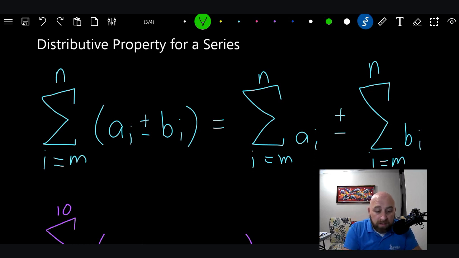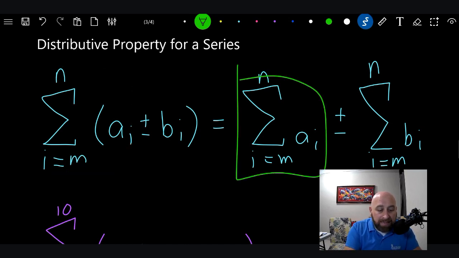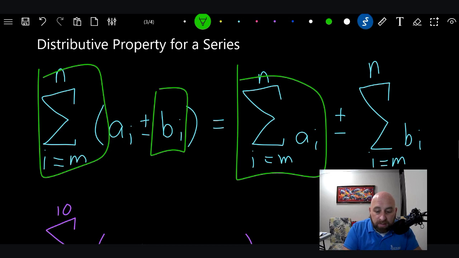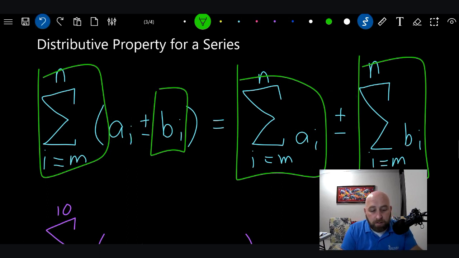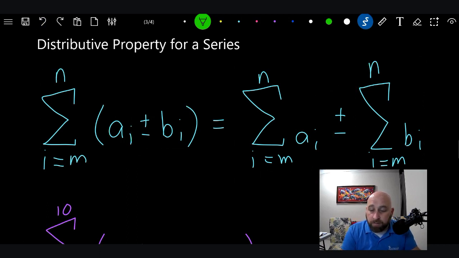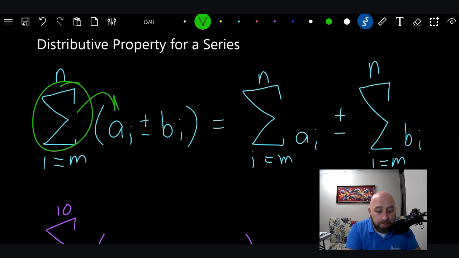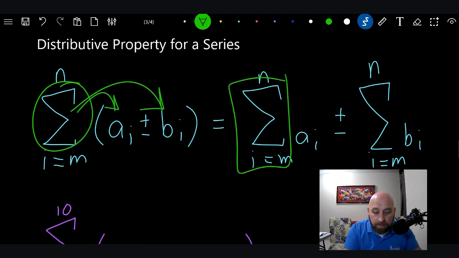Well, the way that we solve it would basically be we do the sigma notation with this one, that's this, and then we do the sigma notation with this one, and that's this. And then we add or subtract them, okay? So basically we just distribute the sigma through. So that gets the sigma, and that gets the sigma. There it is there, and there it is there, okay?